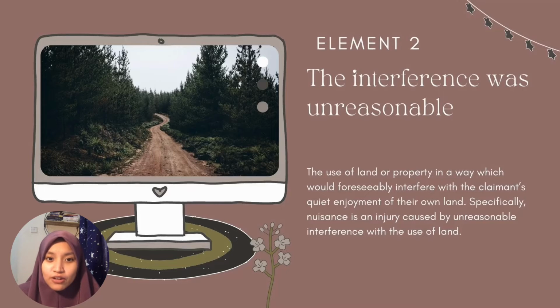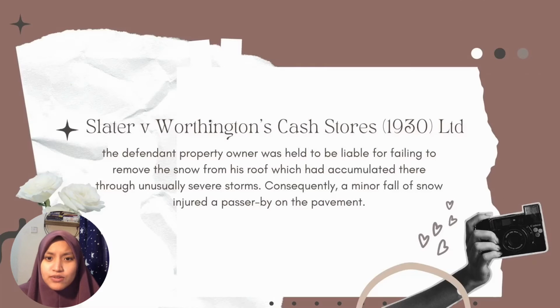The use of land or property in a way which forcibly interferes with the claimant's quiet enjoyment of their own land. Specifically, nuisance is an injury caused by unreasonable interference with the use of land. Based on Slater v Worthington's Cash Stores case, the defending property owner was held to be liable for failing to remove the snow from his roof, which had accumulated there through unusually severe storms. Consequently, a minor fall of snow injured a passerby on the pavement.